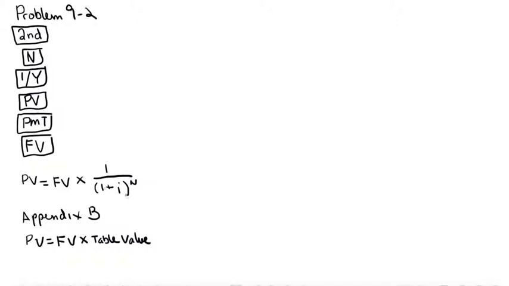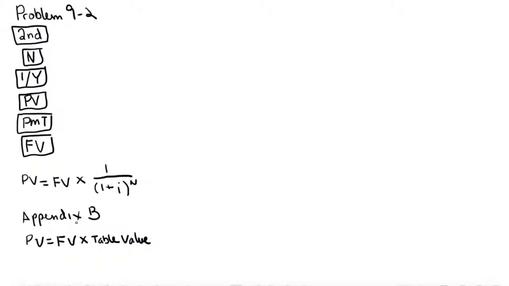This is the formula from the textbook to calculate present value. If you'd like to drop the numbers into this formula and then do all the math associated with it to come up with the answer, you can do that. I'm not going to be doing that today. And then we also have Appendix B, which is on a cardboard sheet in the very back of your textbook.